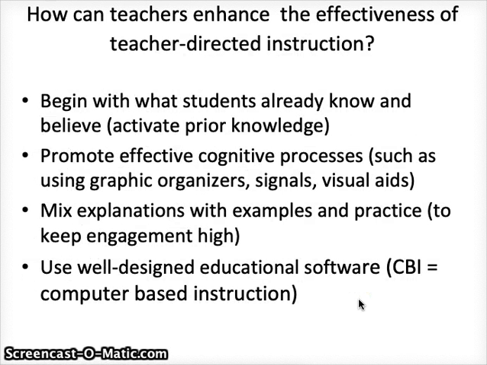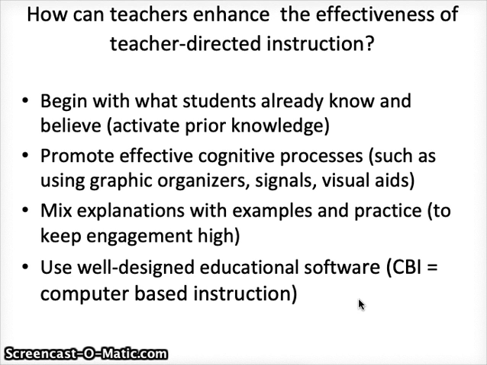The last few slides really give you some ideas on how teachers can enhance how effective their instruction is. So this slide talks specifically about teacher-directed instruction. To enhance this, teachers should begin by using what students already know and believe, activating their prior knowledge. They should also use effective cognitive processes, things like graphic organizers, signals or cues to retrieve information out of students' brains, right?